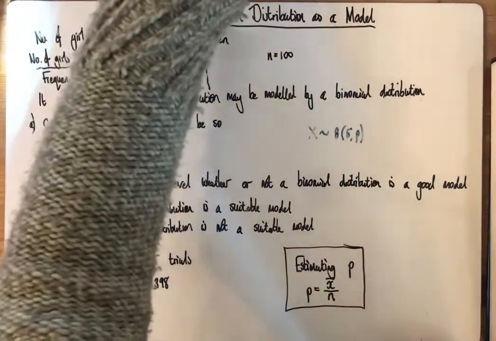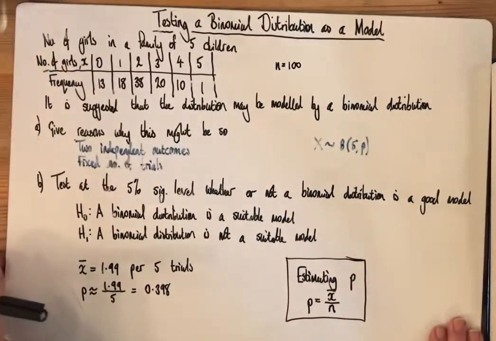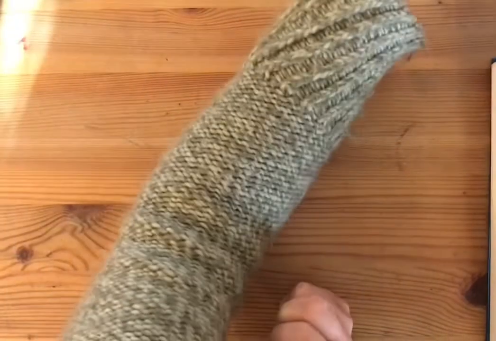Right, so from there we can go into doing the table like we did before. Let's change this board over.